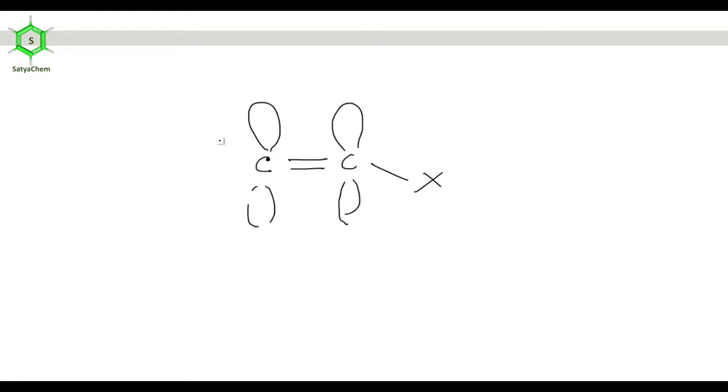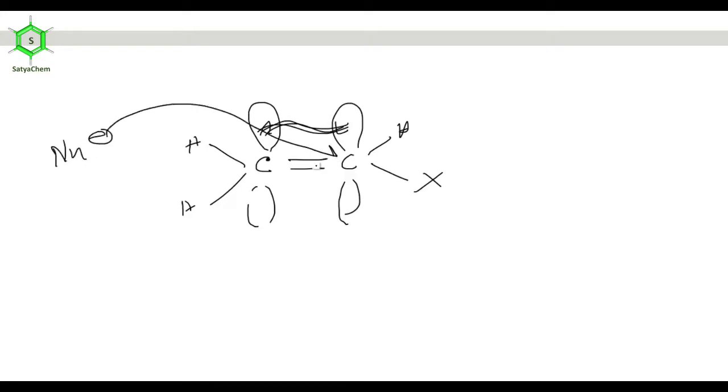The pi electrons of the double bond in vinyl halides and in aryl halides also inhibit the close approach of an attacking nucleophile. Try to understand. This is the pi cloud. We know that the nucleophile attacks from the backside. The nucleophile is negatively charged and the pi cloud is also electron rich, right?